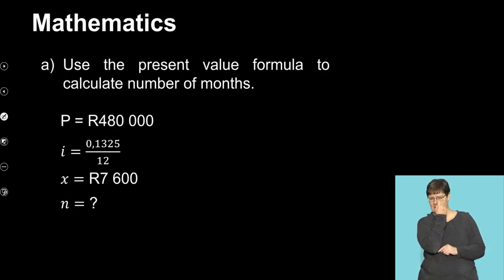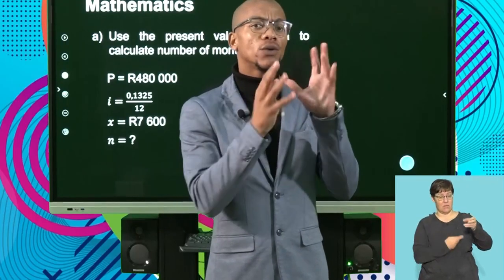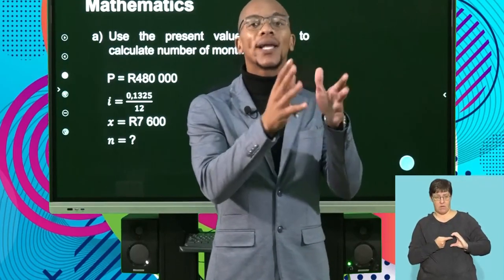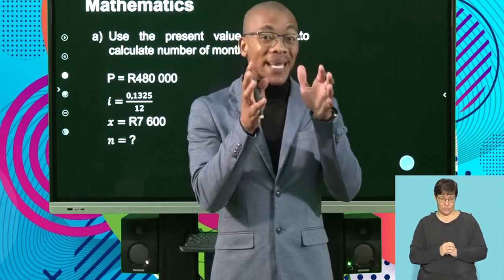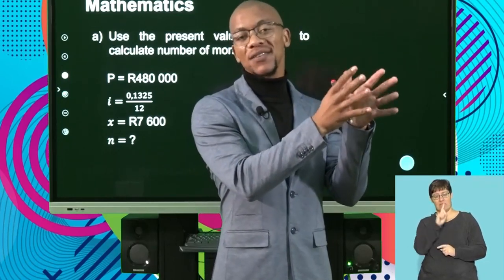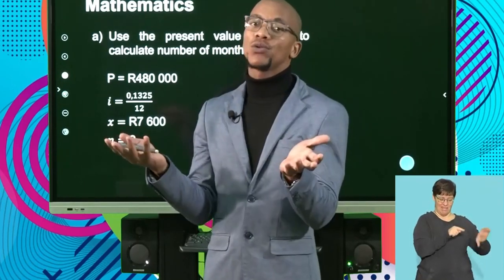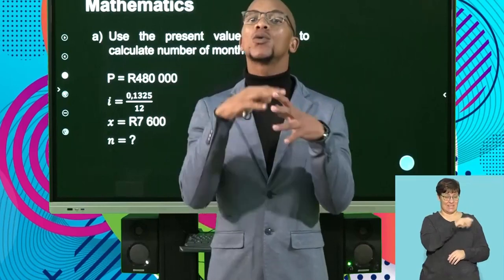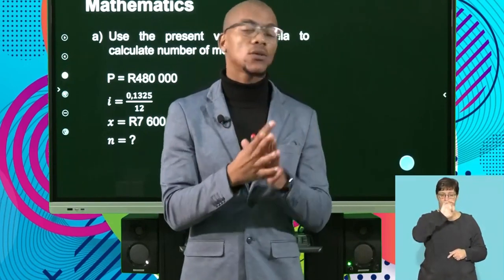So let's understand what is happening here. You take out a loan, and you want to know how many months you must pay back the loan in order to amortize it, based on a monthly payment of 7,600 at an interest rate of 13.25% from the bank. So you then need to reverse that, but you must always remember you introduce a log in this particular question.